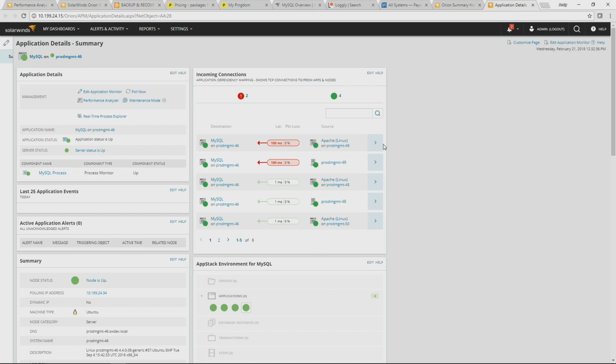And the two big answers were latency and packet loss. If I can see there's high latency between those two servers, I can identify that is a potential root cause of my problem. Or if there's high packet loss, again, that could be affecting it. So I need to know, is there performance issues on the one side of the equation or the other? Or is there actually performance issues in between the two?